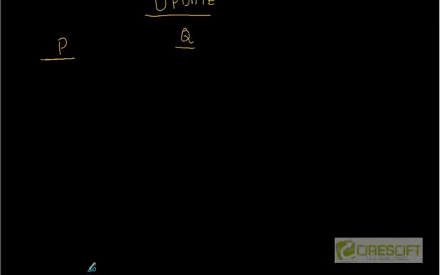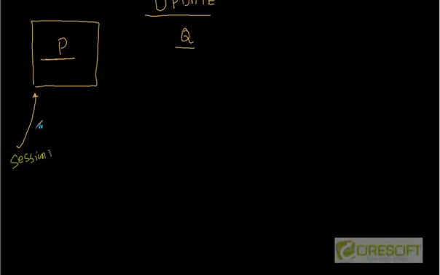The reason is that we have a table P, and from session 1 we give an update, but we have not committed it. From another session, session number 2, we are trying to do the same update.